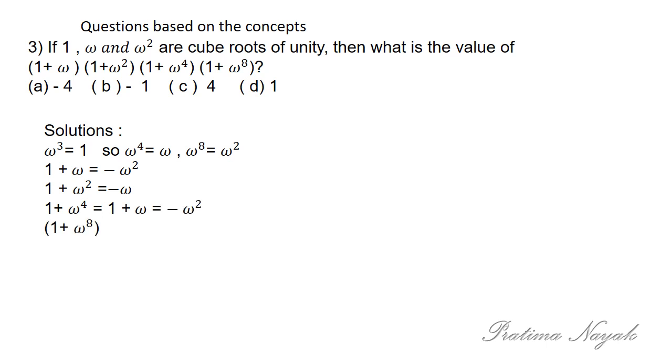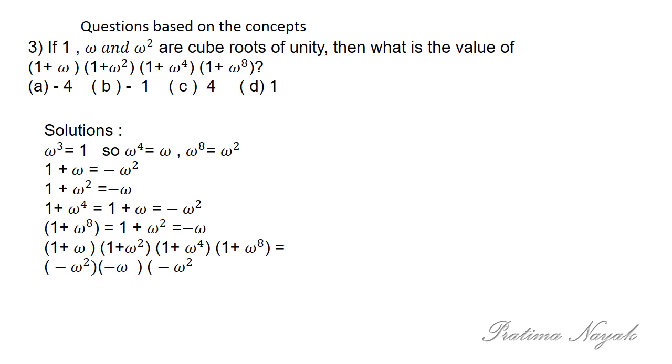And 1 plus omega to the power 8 is same as 1 plus omega square, it will be minus omega. So putting these values, we'll get minus omega square multiplies minus omega multiplies minus omega square multiplies minus omega. It will be omega cube multiplies omega cube, that will be 1 into 1. Answer is 1. So D is the answer.